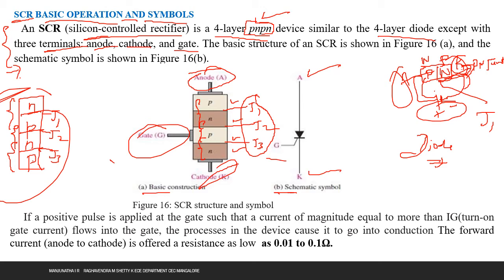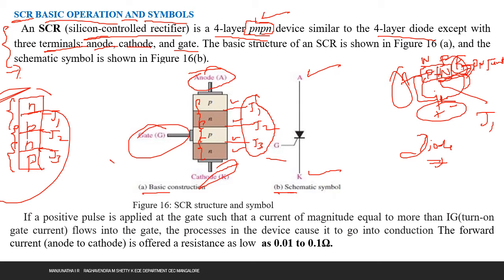So next, if a positive pulse, yes, before that, if I want to break down this junction, we should make this PN junction forward biased or reverse biased, no?